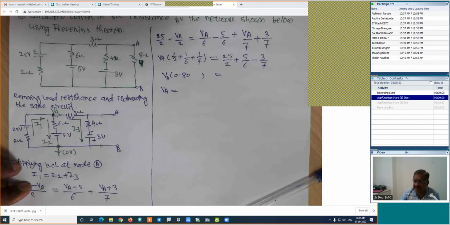Anyone? Rishikesh, Sujit, Ruchira, Saurabh. Yes, 12.90.